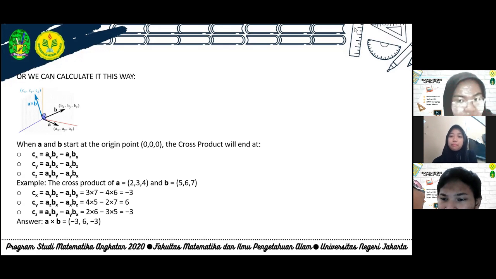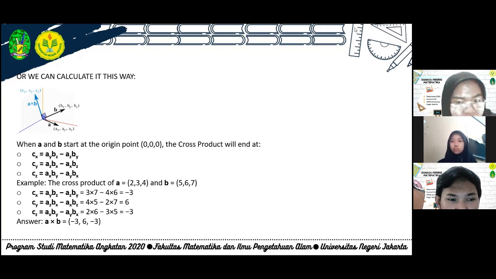Example, the cross product of A equals 2, 3, 4 and B equals 5, 6, 7. Cx equals Ay Bz minus Az By equals 3 times 7 minus 4 multiplied by 6 equals minus 3. Cy equals Az Bx minus Ax Bz equals 4 times 5 minus 2 times 7 equals 6.